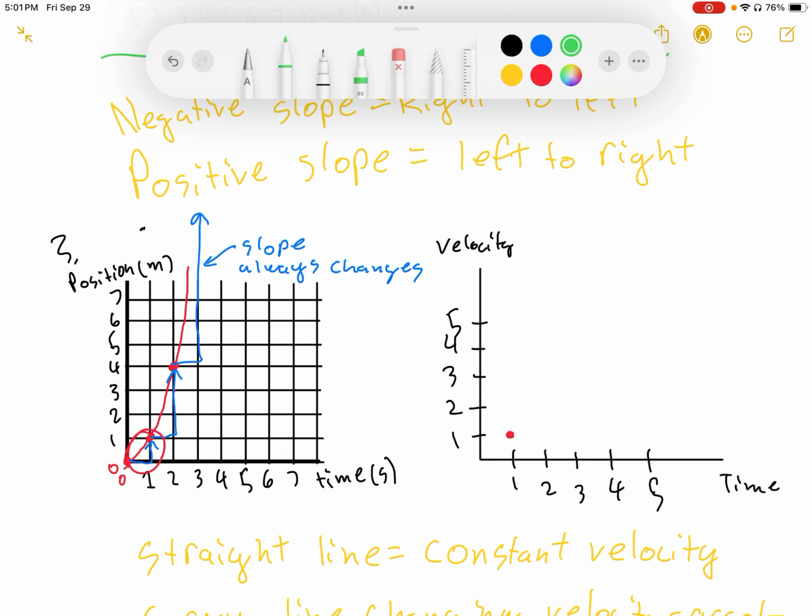This rise over run was 2, because we rose to 4 and we went over to 2. So that's 2. This rise over run up here is going to be 9 over 3, because we rose to 9 and we went over to 3. So that graph is going to look like this. So we should see something that accelerates like this.